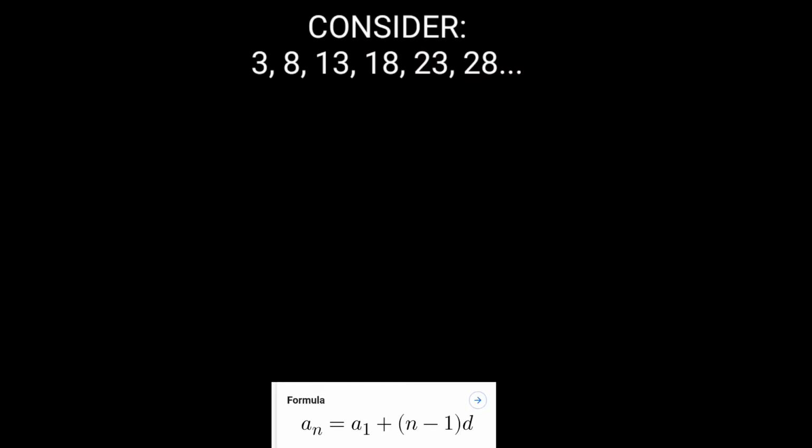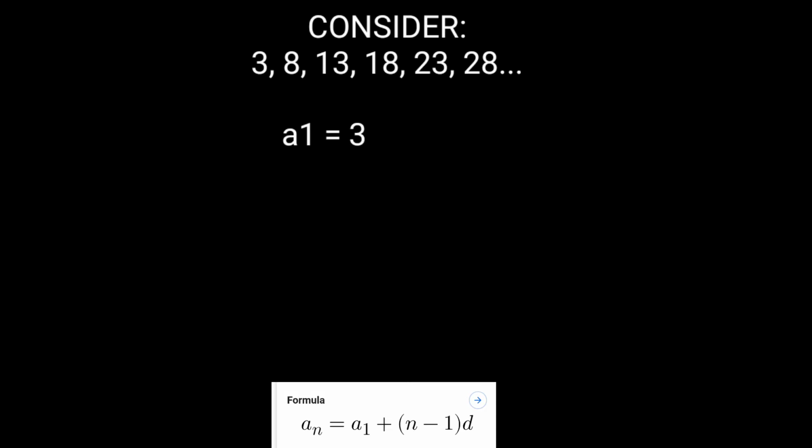Consider this arithmetic sequence: 3, 8, 13, 18, 23, 28, and so on. Our a1 here would be 3 because that is our first term. Now d, the difference, is the second term minus the first term, which is 5 because 8 minus 3 is 5.